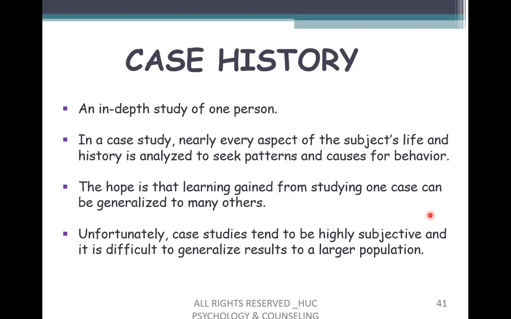If I do a case study on one of your friends, those two will be different, because your patterns and your behavior are totally different from the other's. So you cannot do one case study on one subject and give the end result to other subjects. So it is unique. That is called subjective. Highly subjective means it's unique for the particular subject, and it is difficult to generalize results to a larger population. So this is a negative fact of case study.